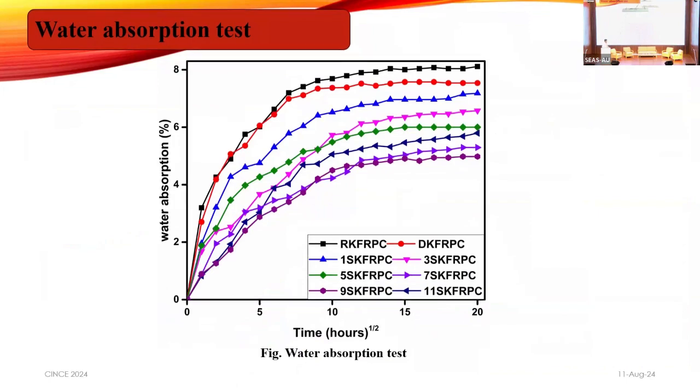These are the water absorption properties of these composites. As you can see, this is measured as per ASTM standard D570, measured up to 12 days. In case of raw fiber, the maximum water absorption percentage is around 8%, and in case of silane treated composites, the maximum water absorption percentage observed is around 4%, which is 50% lower than the raw fiber composites.